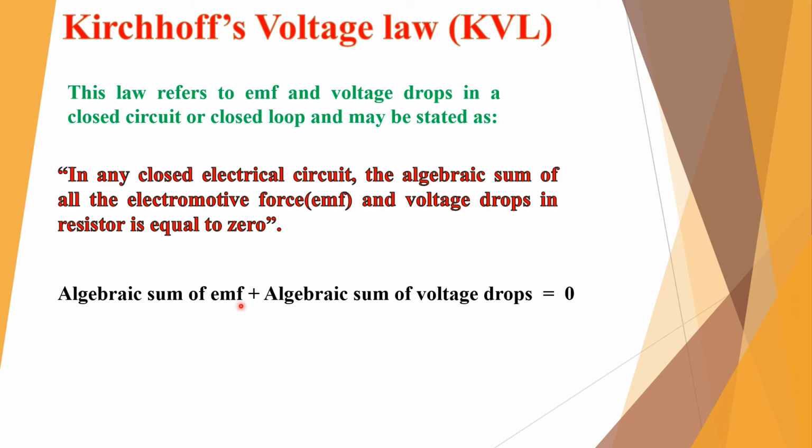Algebraic sum of EMF plus algebraic sum of voltage drops is equal to 0. For applying Kirchhoff's voltage law in a circuit, we add all the EMF and all the voltage drops across the resistors, and that becomes equal to 0.